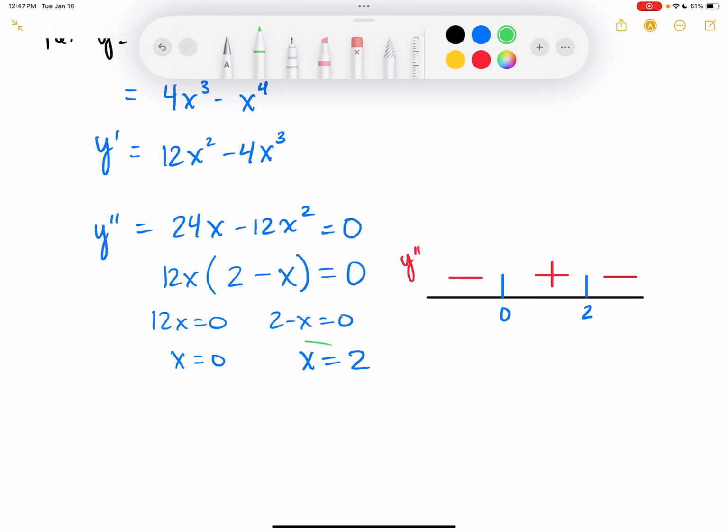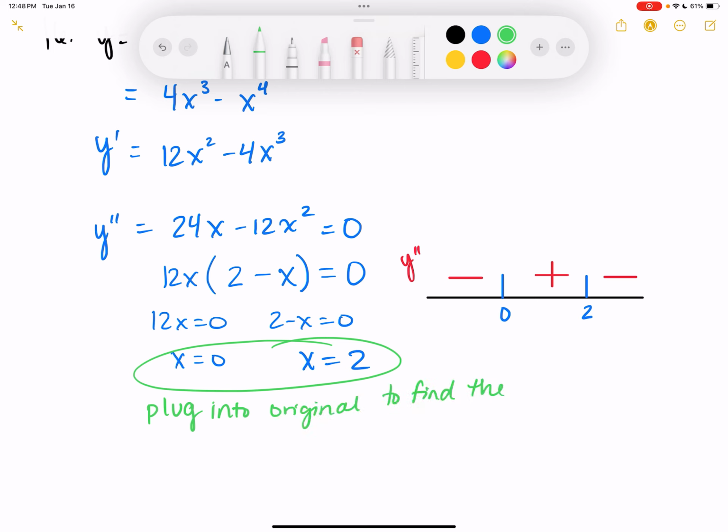Now I take these and plug them into the original to find the point of inflection.